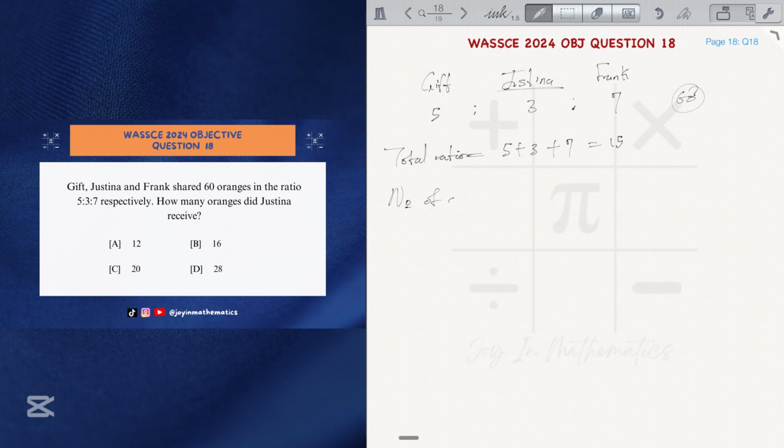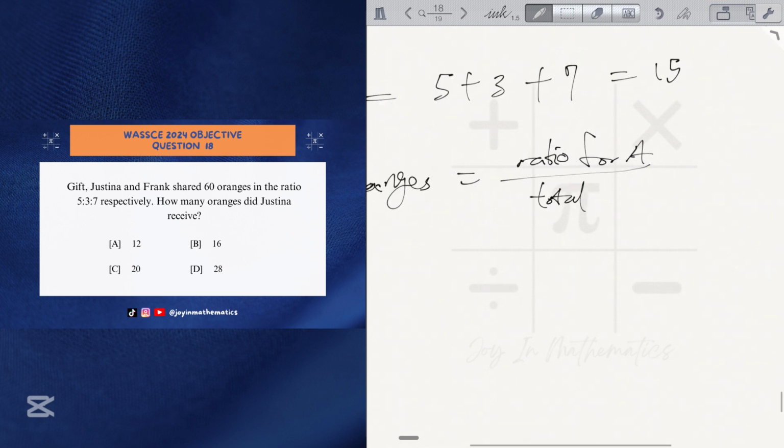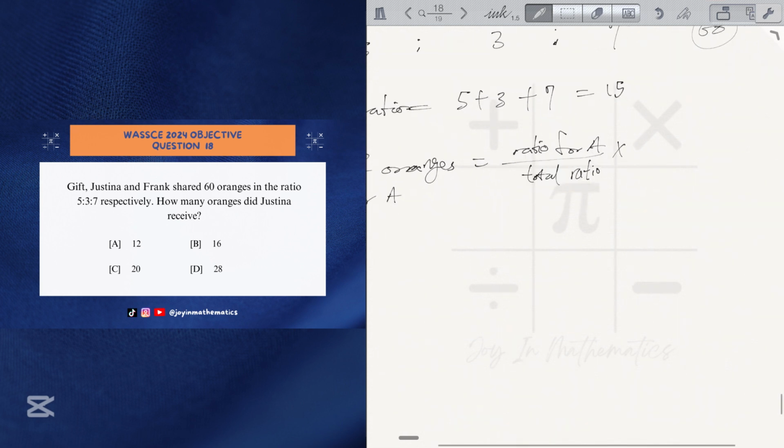The number of oranges for a person, let's say for person A, is equal to the ratio for A divided by the total ratio, multiplied by the total oranges.